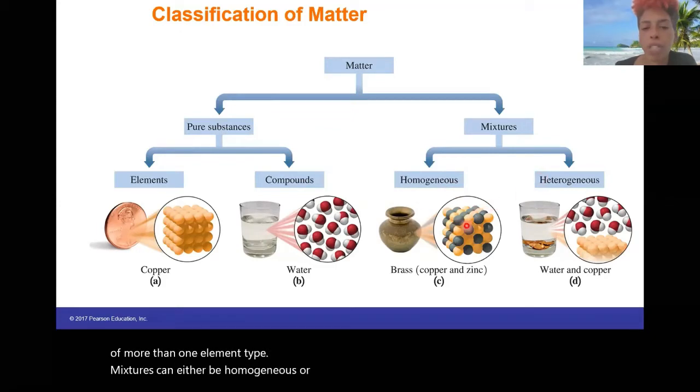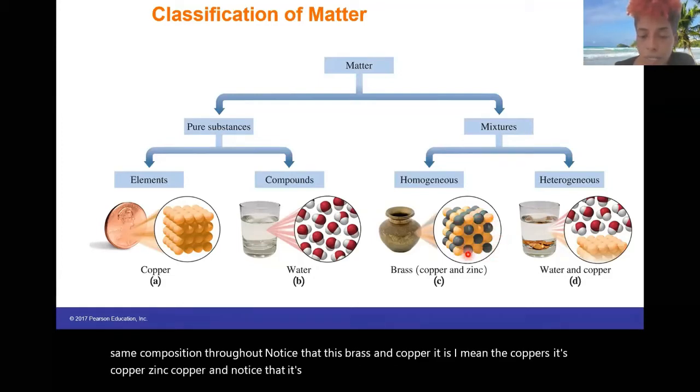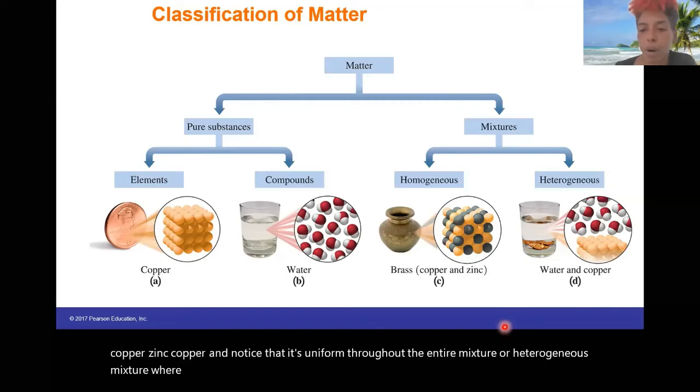When they're homogeneous, you see the same composition throughout. Notice that this brass, it's copper, zinc, copper, is uniform throughout the entire mixture. Or a heterogeneous mixture where we've got something like water and pennies.